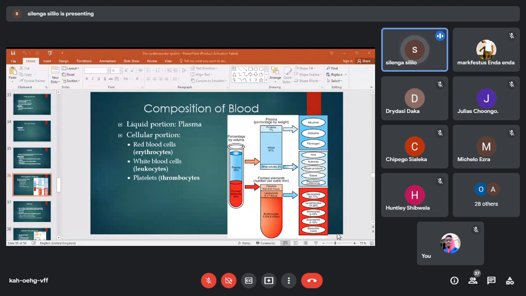You have the albumins, the globulins, and the fibrinogen. These proteins are very important for transportation; albumin transports electrolytes and bound oxygen. Other constituents are about 2%: nutrients, products, the cells, regulatory substances, and the clotting factors we're talking about.